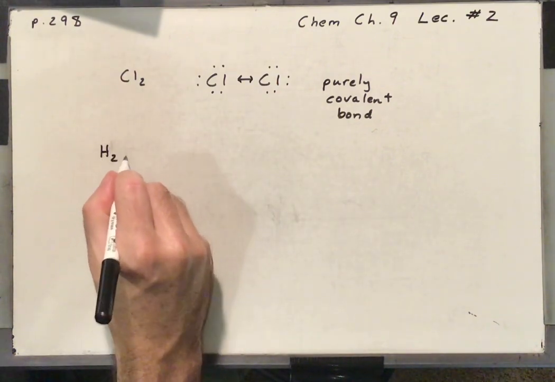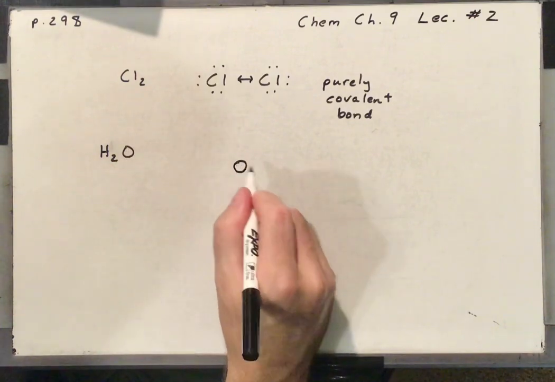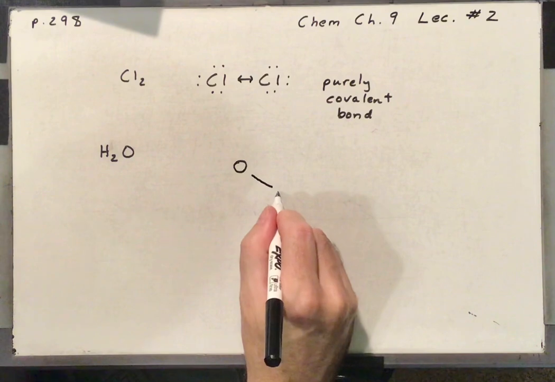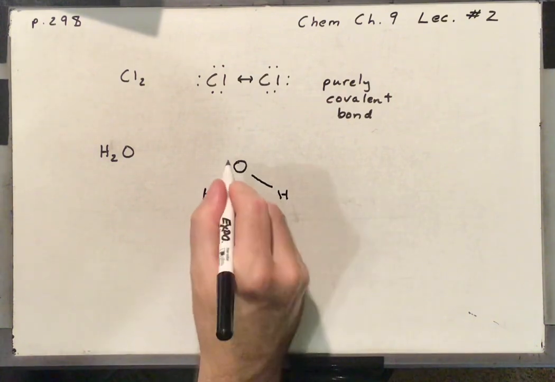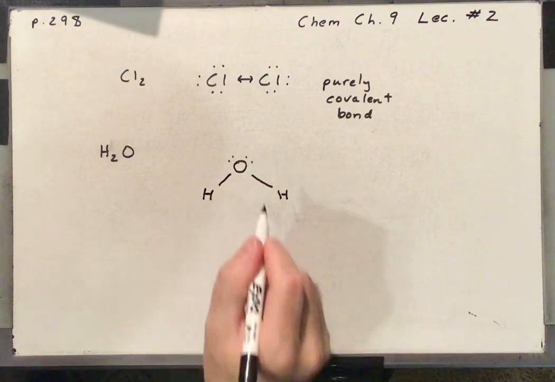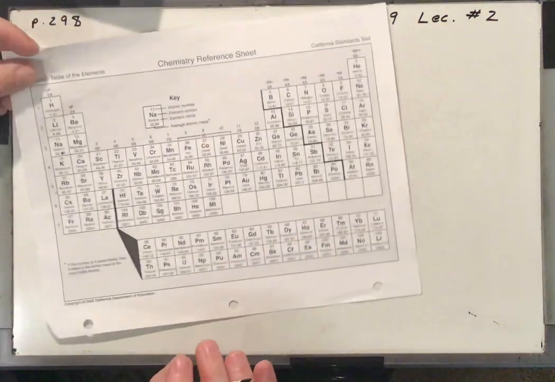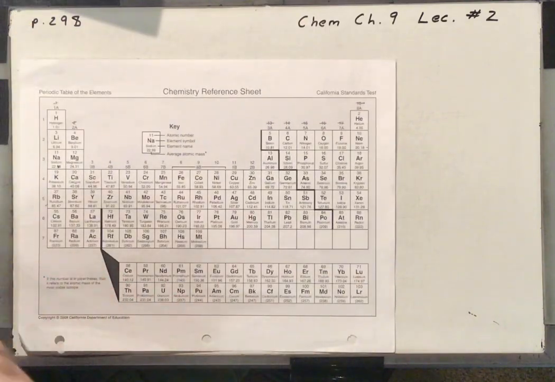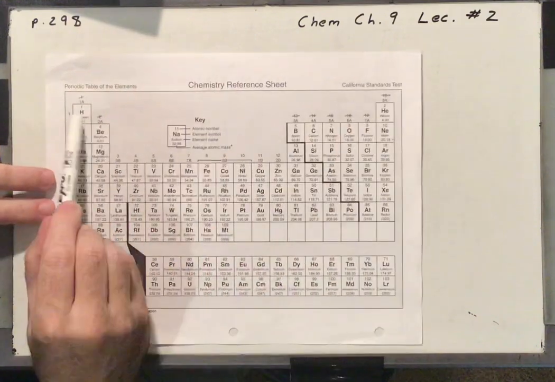The example in the notes is H2O. So here, let's go ahead and draw the shape. We drew this in yesterday's lecture. It's the bent shape. Looking at the periodic table, what has a greater electronegativity? Oxygen way over here or hydrogen way over here?